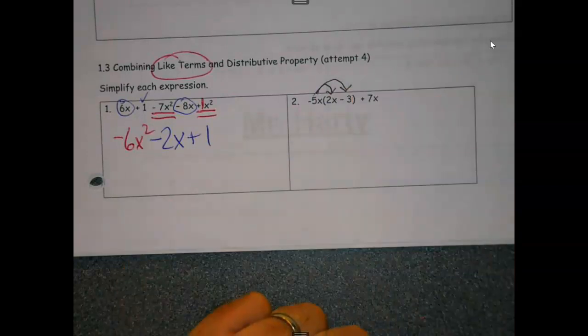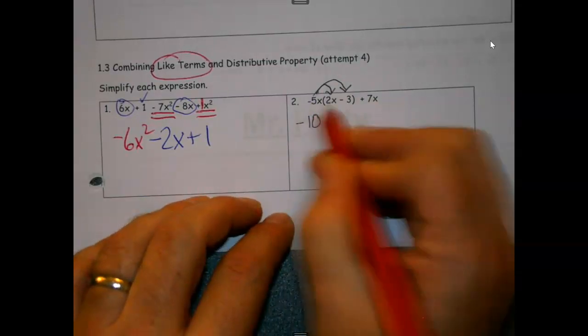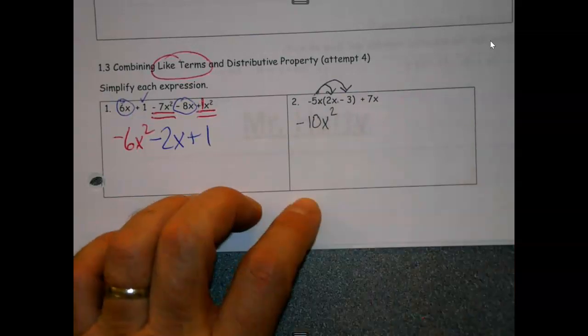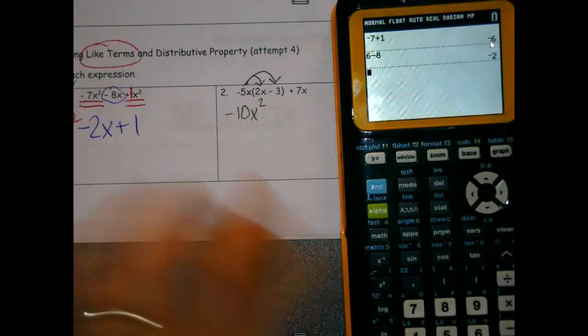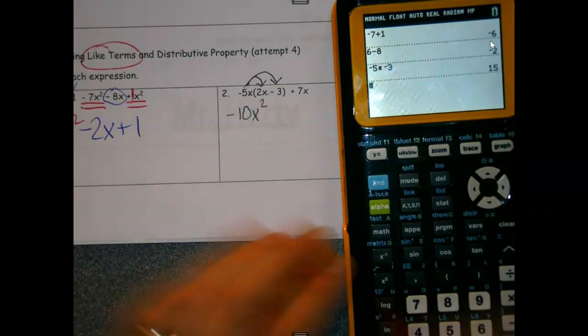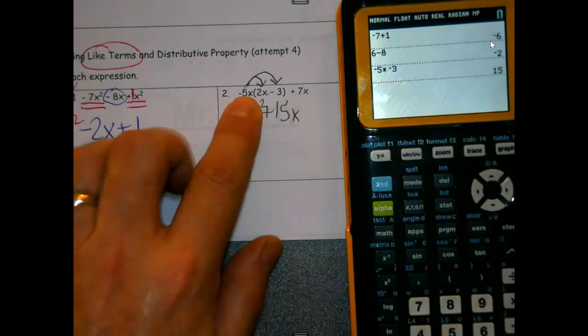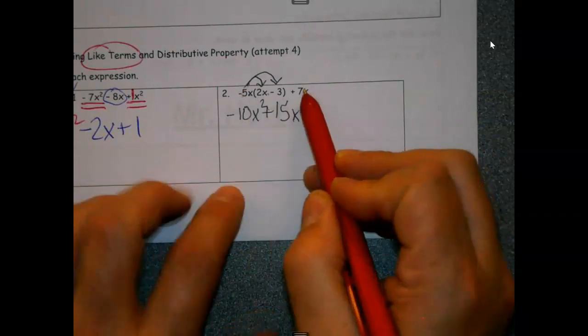If we see parentheses, we're multiplying. -5 times 2 is -10. I see 2 x's, so that is x squared. -5 times -3. If you're not sure, put it in the calculator. It's okay. -15. I do have an x still, so don't lose your x. Do I distribute the 5x out to here?